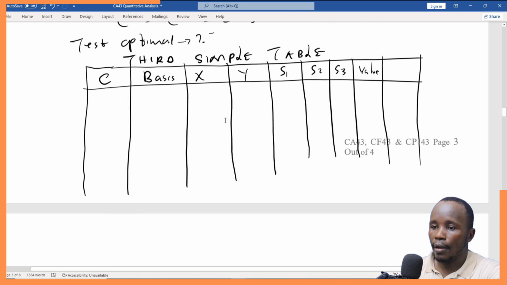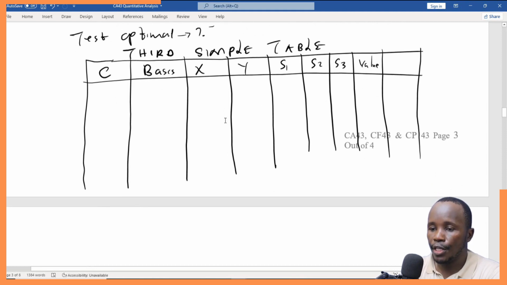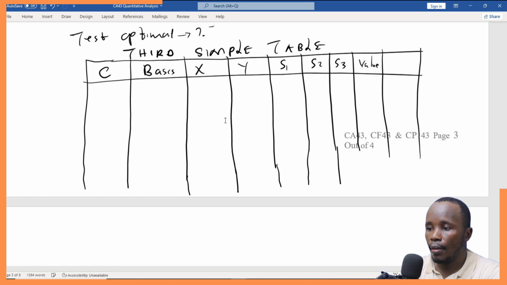So we want to see how we fill these values in simplex table 3. How do we fill values here?